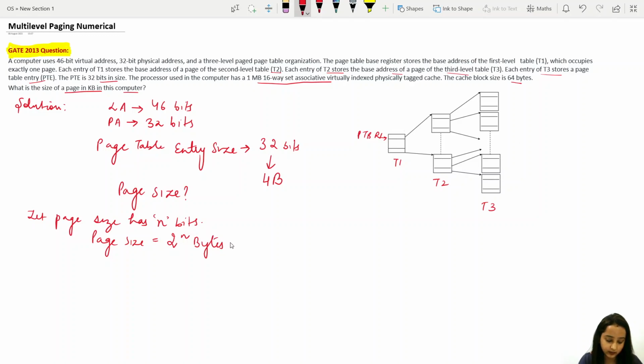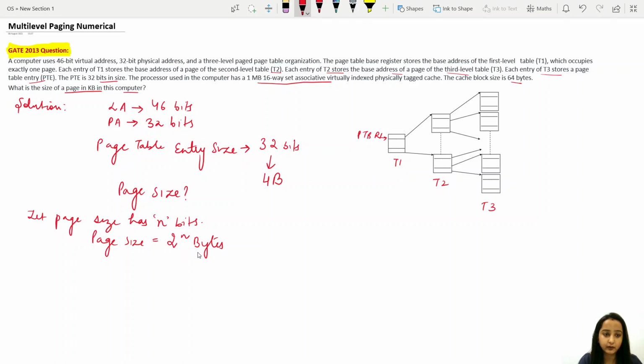That is equal to the number of entries in the page times the size of each location. The size of each location is 1 byte. So the number of entries is 2 raised to power n and the size is 1 byte, so it becomes 2 raised to power n bytes.